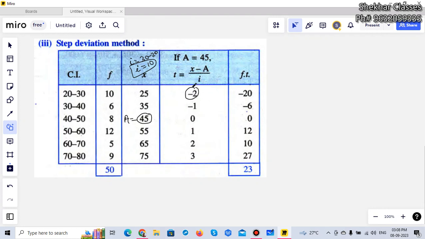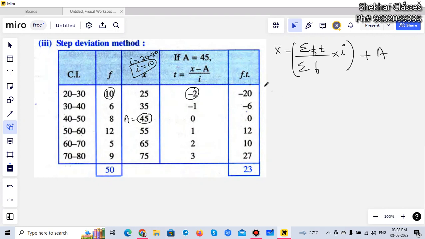Now we will multiply this u, this is what we got, with the frequency, so it becomes minus 20, minus 6, 0, 12, and then it will be 23 now. So we use a formula here. The formula here will be mean is equal to summation of f u upon summation of f, and then you multiply with h because you divided the whole thing, plus a.